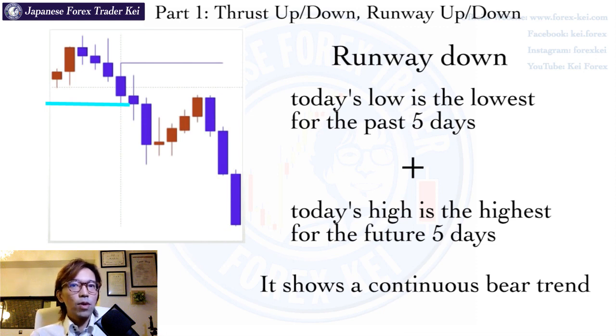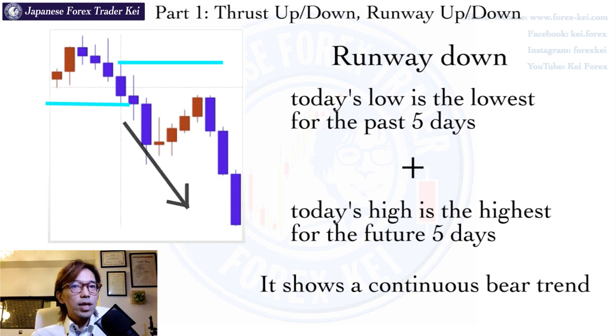Then as you keep watching the market, you notice that the market did not renew the high on this candle. They were all lower than the high. Then you know this was a runway down, and you also know that the bearish momentum is strong and continuous. And as a result, it kept going down.